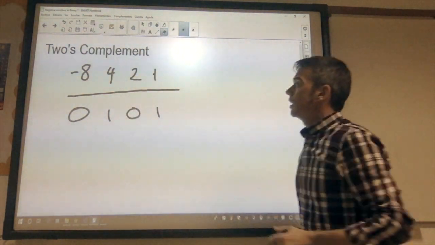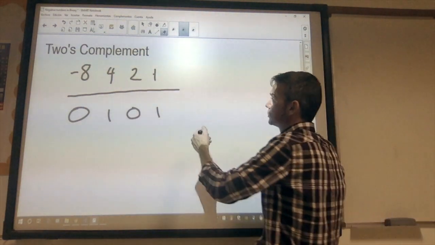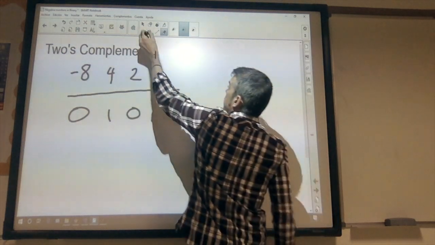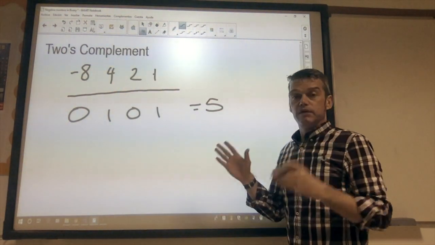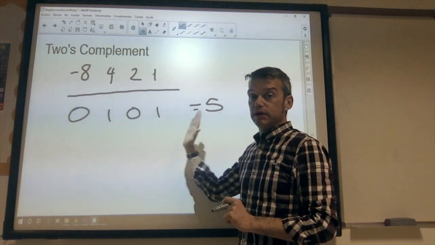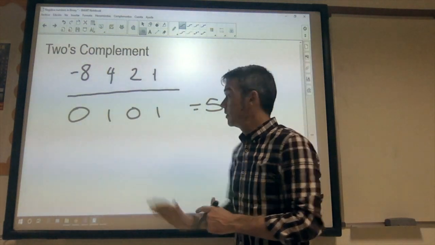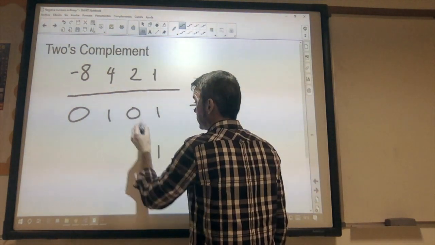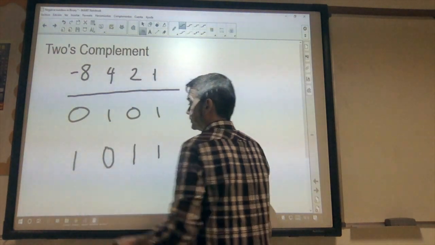Okay, so that is equal to 5. Agreed? So that's 4 plus 1 equals 5. Okay, so the method: we move from the least significant bit, the first positive bit we find, we leave, and we flip the remaining bits. So we go 1, 1, 0, 1.